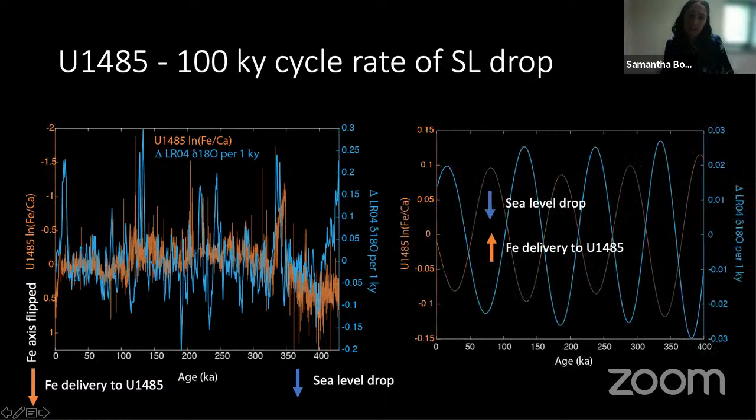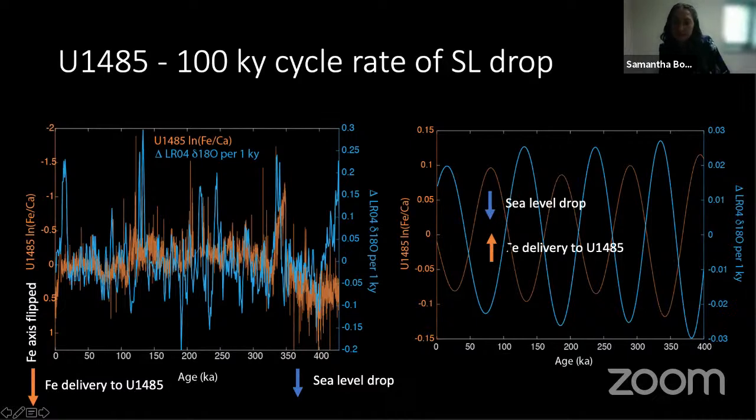And just to clean this up a little bit so it's easier to see, I did a 100 kiloyear filter of both the iron record and the Delta LR04 record. And then I flipped the iron. So up on this one is more iron delivery to our site, and down for the blue is a sea level drop.